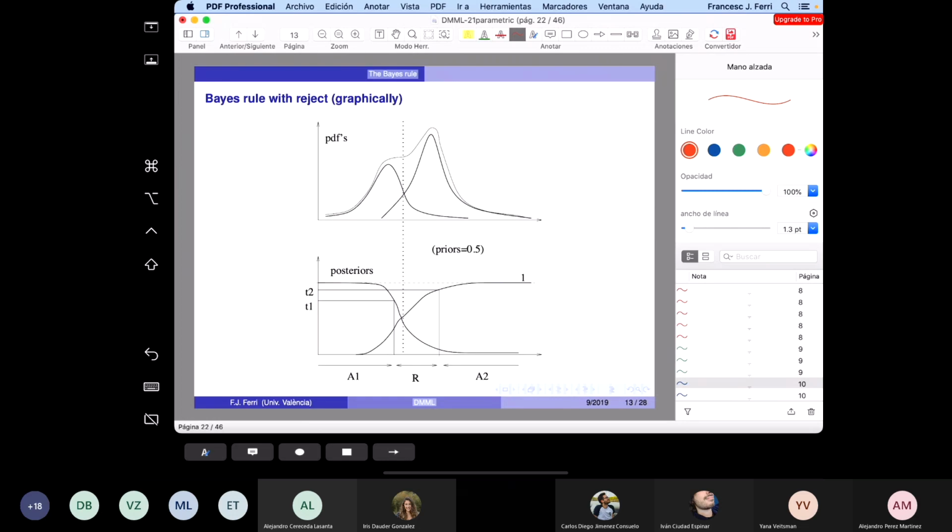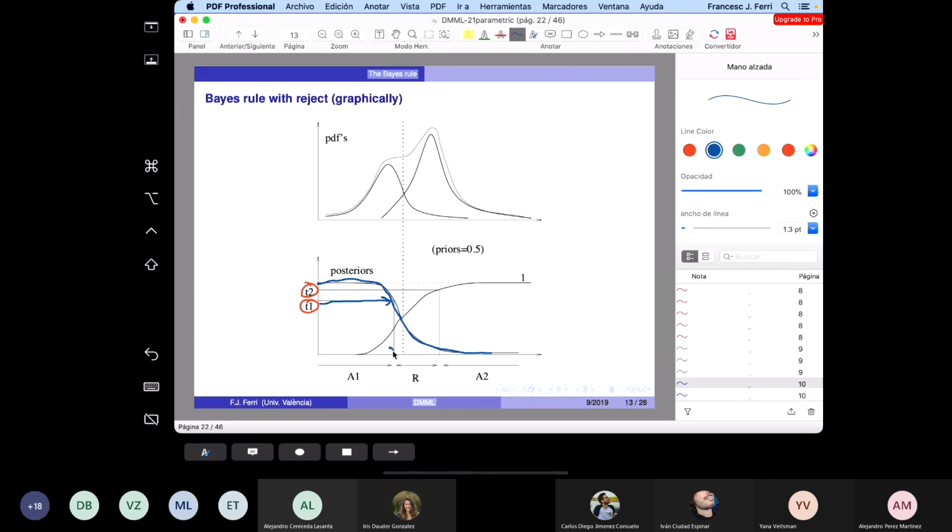So we can select thresholds. They can be separate for class 1 and class 2, or they could be the same, doesn't matter. The thing is that once I compute the posterior for class 1, instead of selecting just the maximum of the two posteriors for each x, I also check that this posterior is above the threshold corresponding to class 1, which is this one.